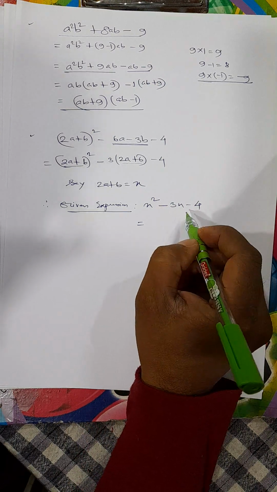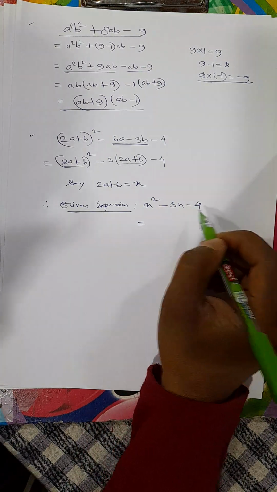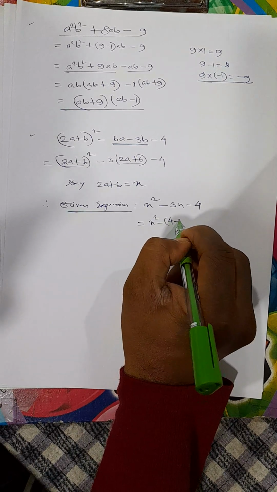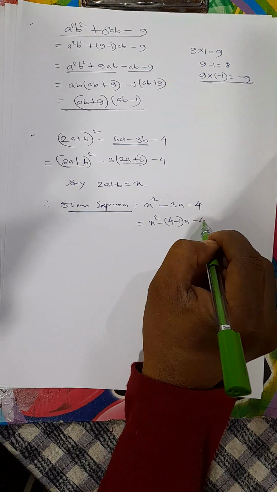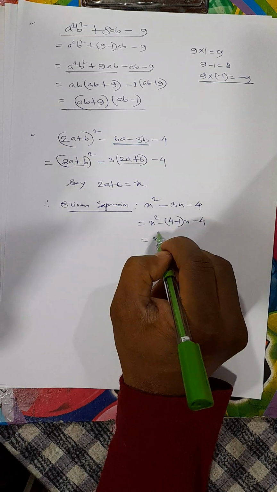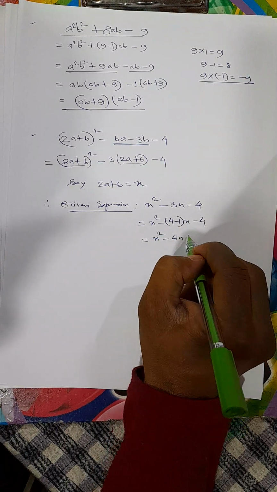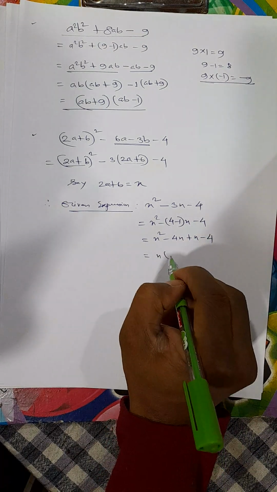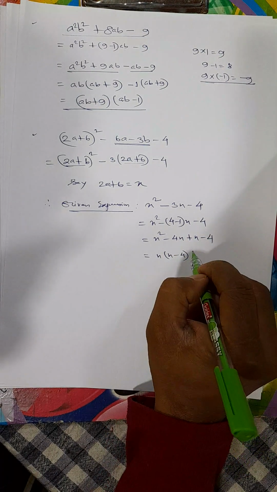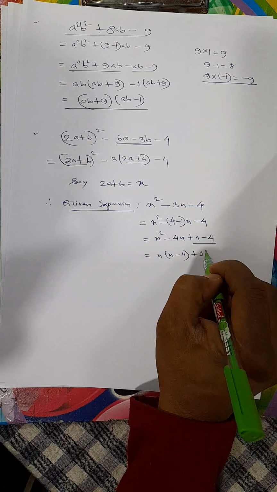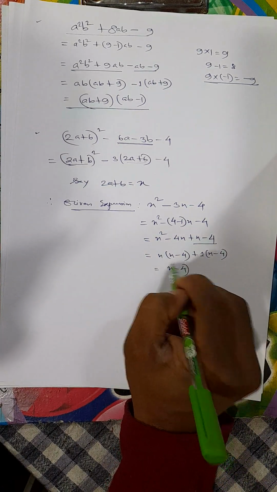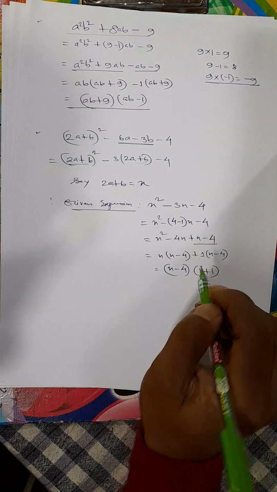Now let us do middle term splitting. 4 ones are 4, 4 minus 1 is 3. So x square minus 4 minus 1, x minus 4. That means x square minus 4x plus x minus 4. So this becomes x into x minus 4, and here 1 is the common factor, x minus 4. So it becomes x minus 4 multiplied by x plus 1.